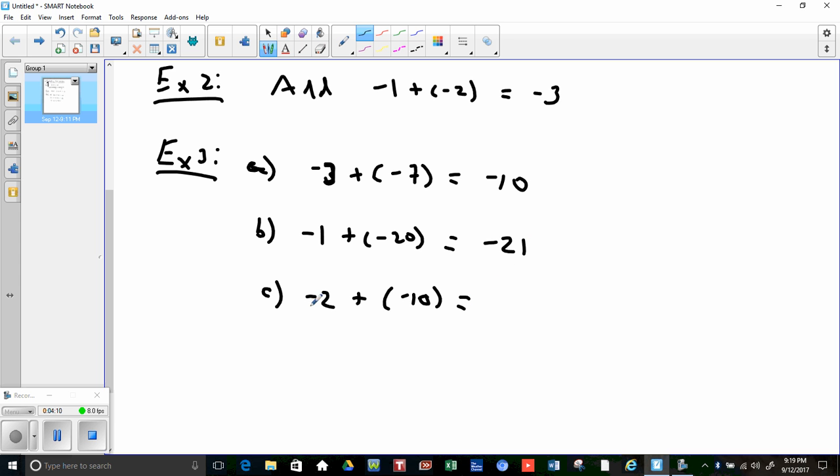And then C, starting at -2, going to -10 more, which is 10 more spaces to the left, would put us at -12. So that's not so bad when we've got a couple of negative numbers. It just keeps going more and more in the negative direction.